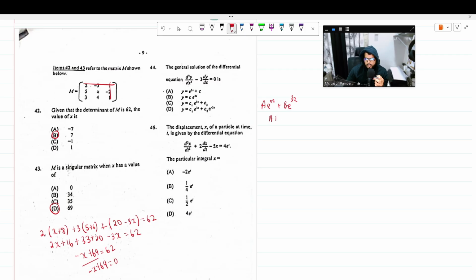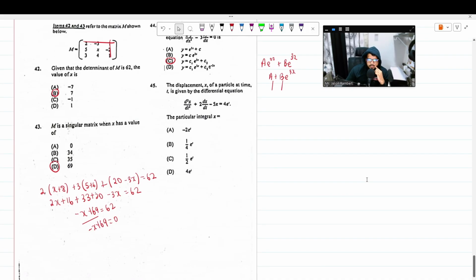So we're going to get a plus b e to the 3x. Well, we have c1 and c2 as the constants here. So we have a constant plus a constant by e to the 3x. So C is the answer.